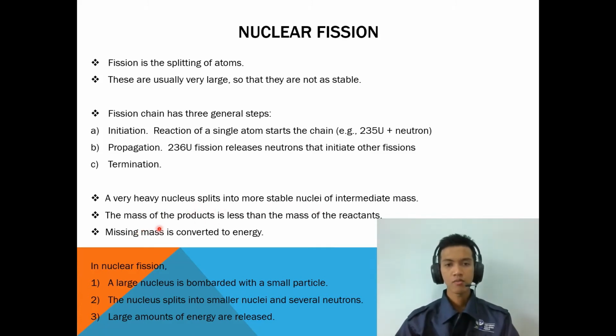The mass of the products is less than the mass of the reactants. Missing mass is converted to energy. In nuclear fission, a large nucleus is bombarded with a small particle. The nucleus splits into smaller nuclei and several neutrons. A large amount of energy is released.